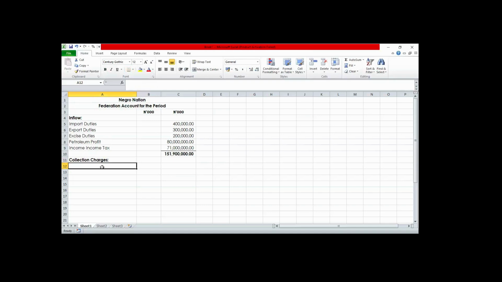We have customs. How much is the percentage for customs? Customs service, that one is 7%.